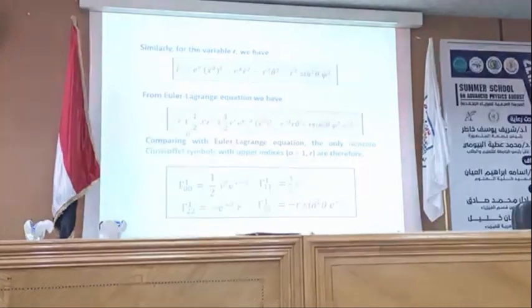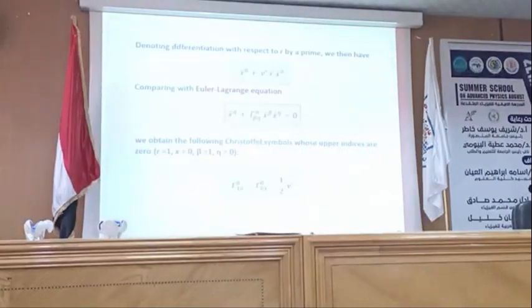So let us go. For example, if I take this term here, lambda dash, r dot square. So r dot square I will write as r dot multiplied by r dot. If I compare it here, it is r dot multiplied by r dot. And this is 1, this is 1, and r is 1.